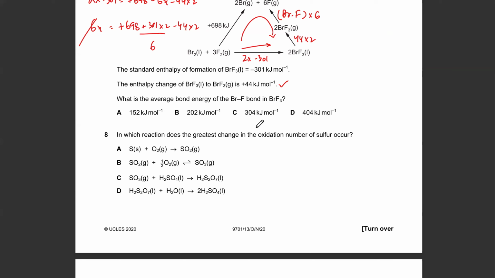In which reaction does the greatest change of oxidation number of sulfur occur?